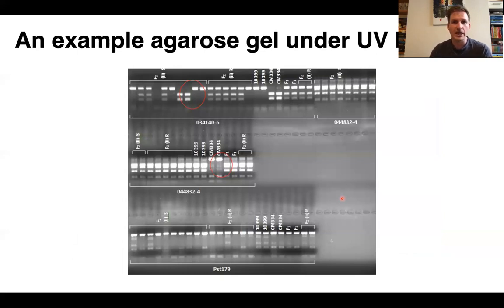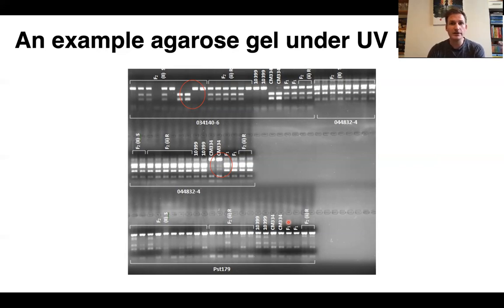This is a gel electrophoresis that I've created. And again, in these gels, you include some sort of compound that can bind to DNA, that can fluoresce under some sort of light. The most common way of doing this is including ethidium bromide, which is fluorescent under UV light, but only when bound to DNA.